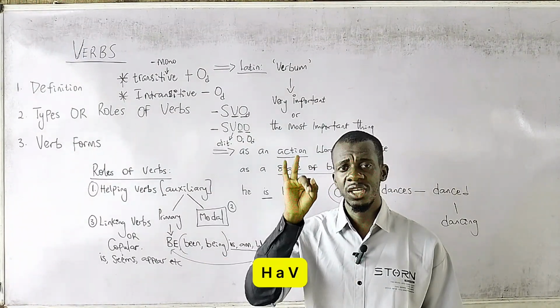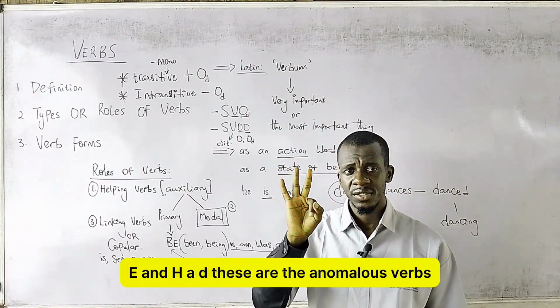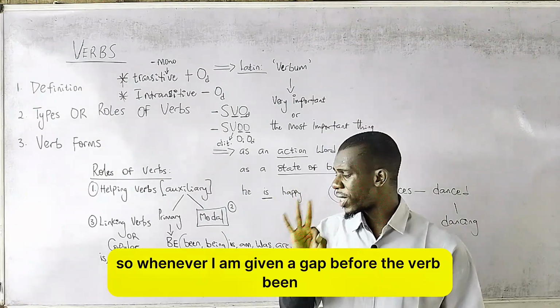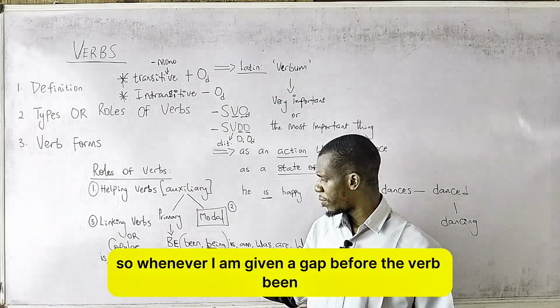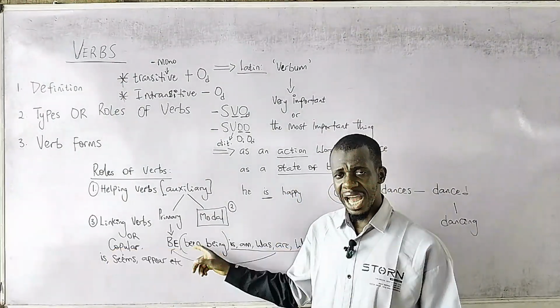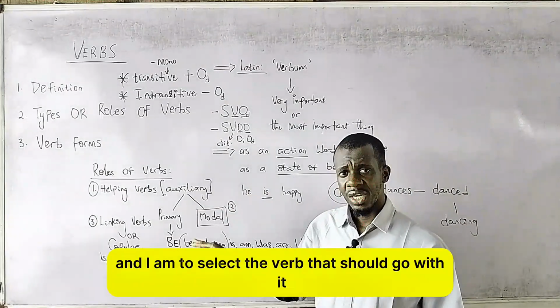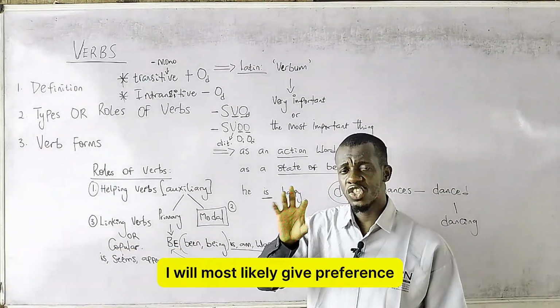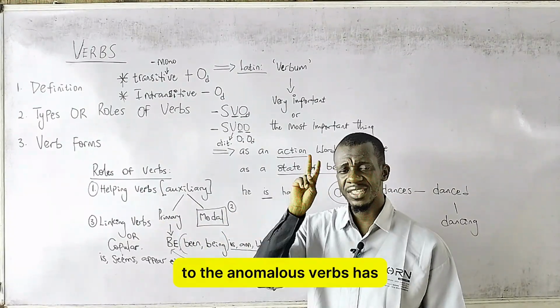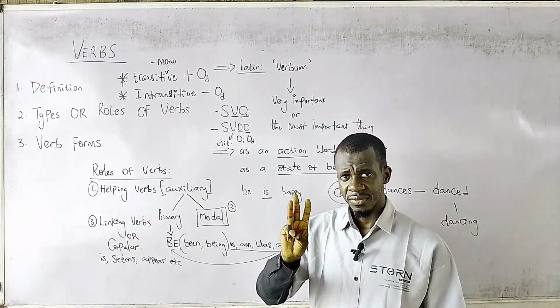These are the anomalous verbs. So whenever I am given a gap before the verb been, and I am to select the verb that should go with it, I will most likely give preference to the anomalous verbs, has, have, and had.